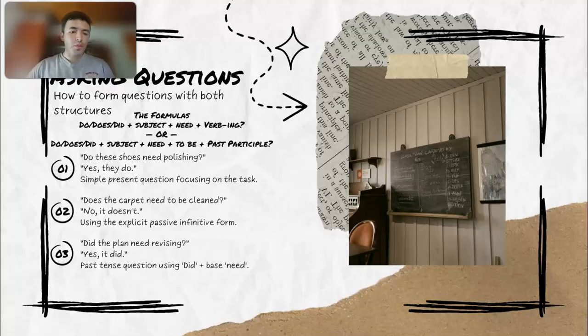Simple present questions focusing on the task. Example 2. Does the carpet need to be cleaned? No, it doesn't. The same case, using the explicit passive infinitive form. And the final example, did the plan need revising? Yes, it did.